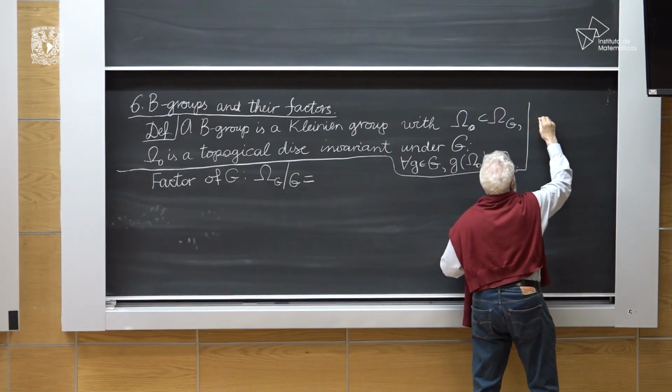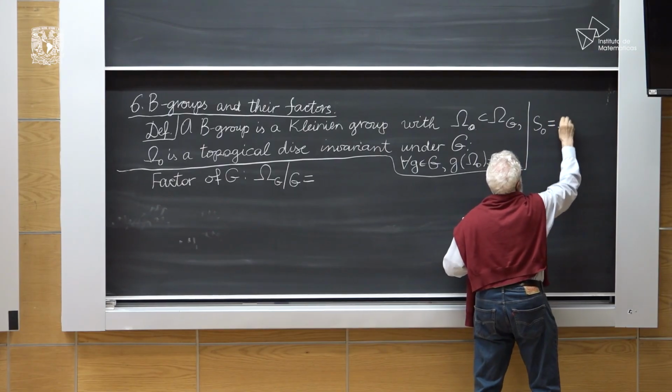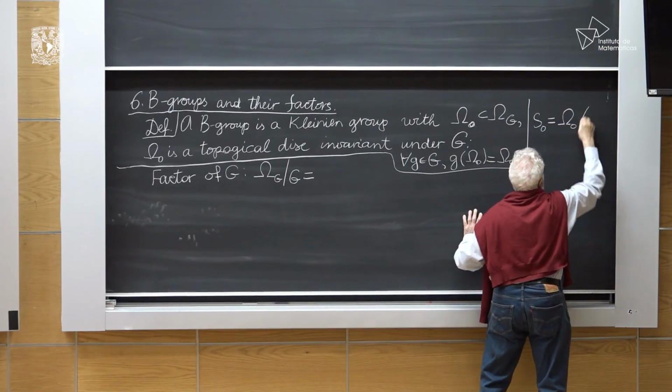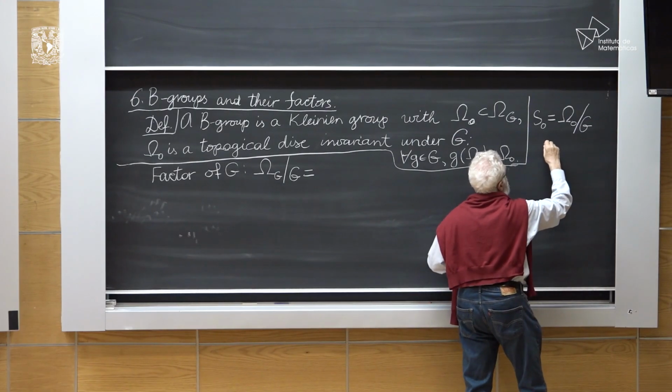As G preserves the set omega 0, the factor space is a Riemann surface.